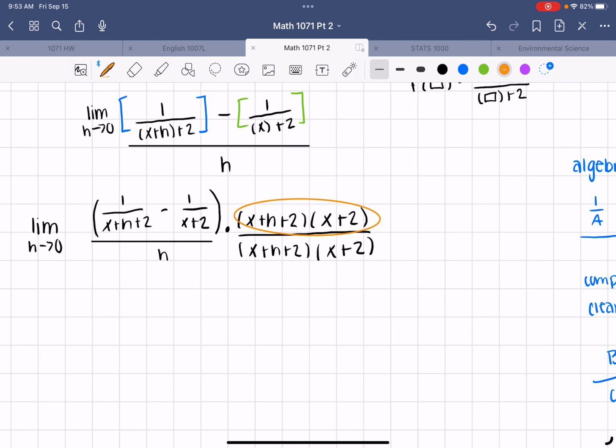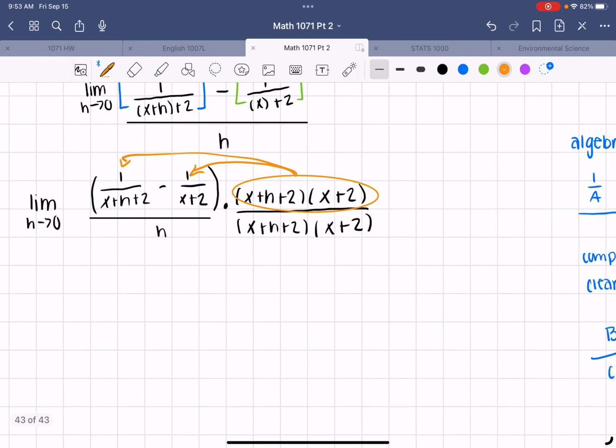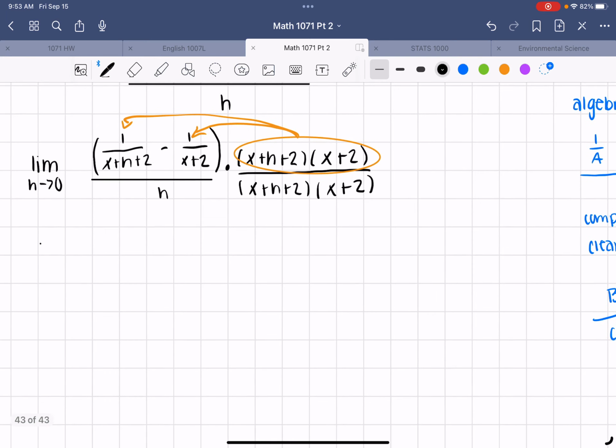And now we're almost done. Look at how your numerator simplifies. Distribute this negative sign over the terms. Look at the subtraction. X subtracts x. 2 subtracts 2.